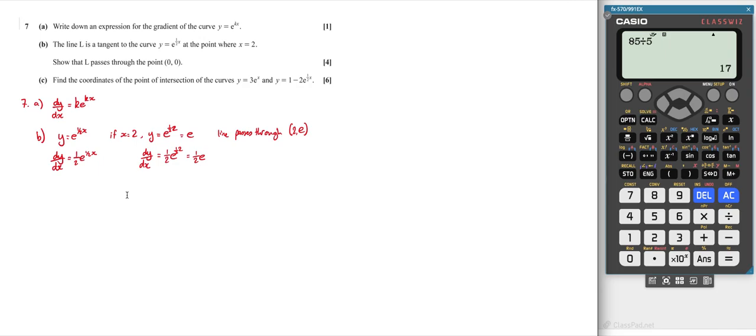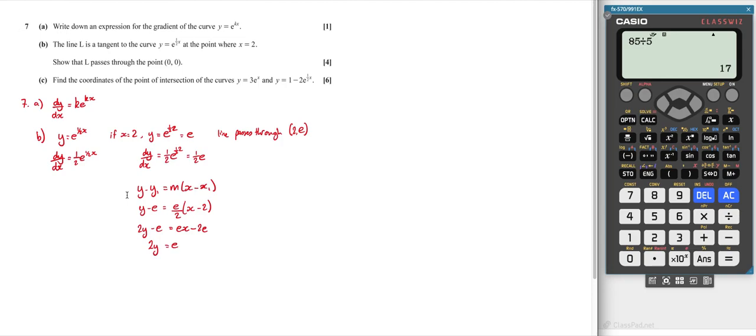So the equation of the straight line, y minus y1 is m times x minus x1. So I can have y minus e is e over 2 times x minus 2. So 2y minus 2e is ex minus 2e.